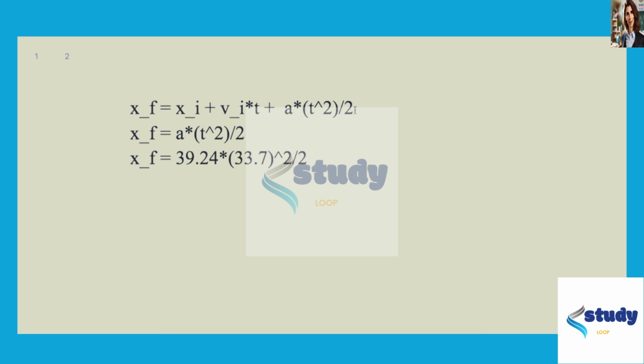Plugging this into a calculator, we get final position, or the distance it travels, to 3 significant figures, since the speed of sound was only given to 3 significant figures, is equal to 22,300 meters.